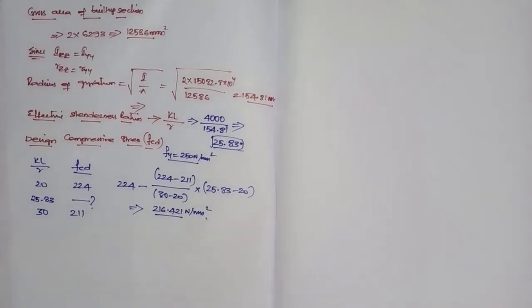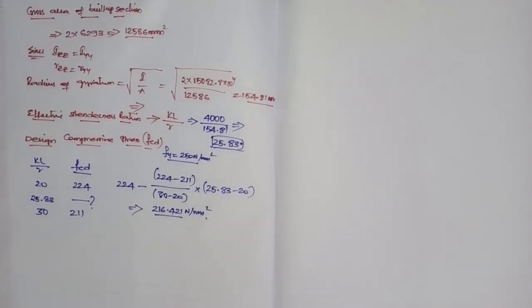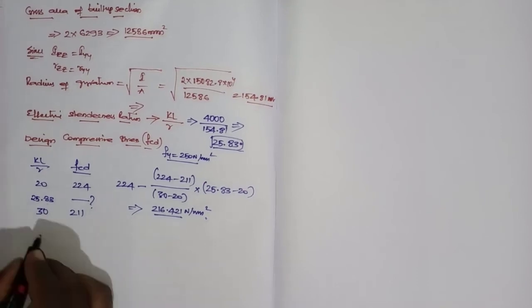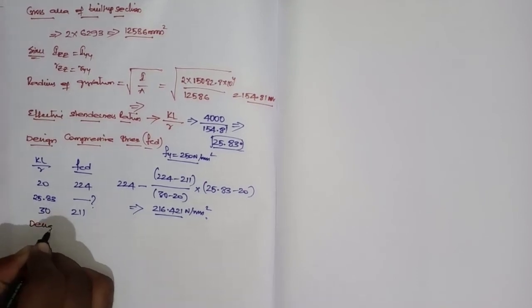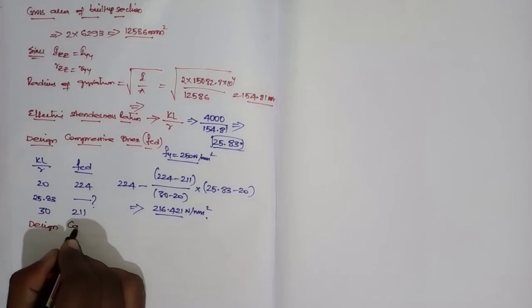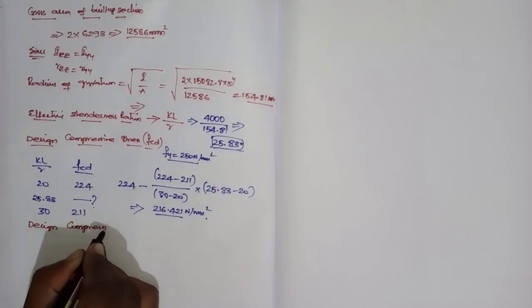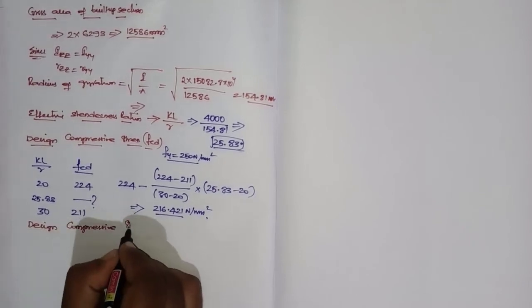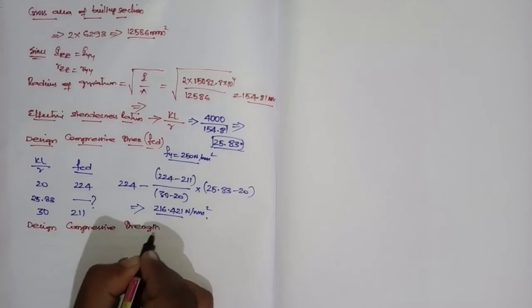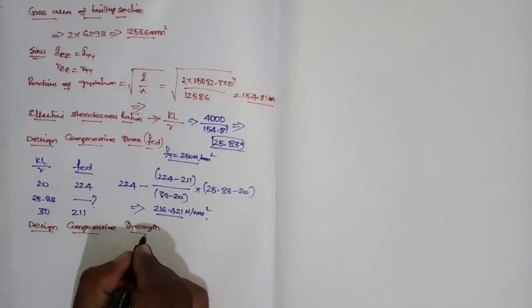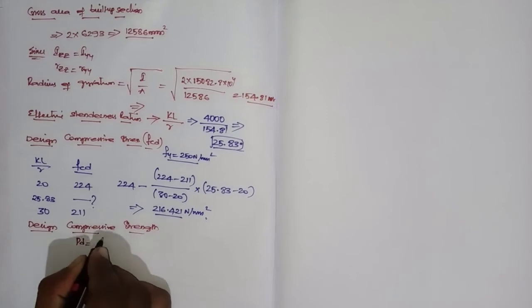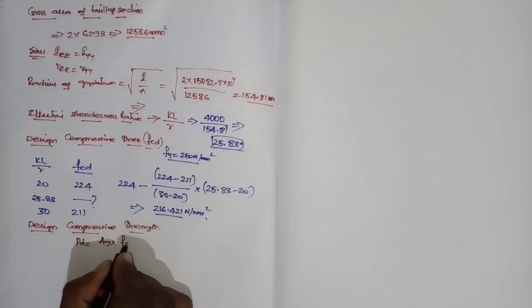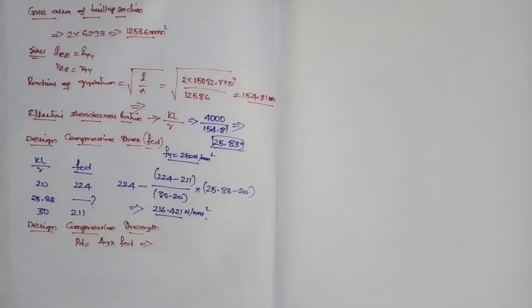Okay, next, the last one is the design compressive strength. So Pd equals Ag into fcd. Now what is Ag?